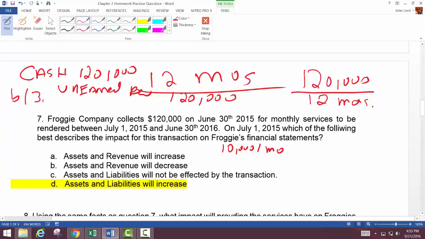Okay, good. Now, what happens when he provides service now in July? On July 1st, which of the following best describes the impact? If we got the money on June 30th, by July 1st, assets and liabilities have increased. Cash increased? Unearned revenue increased?